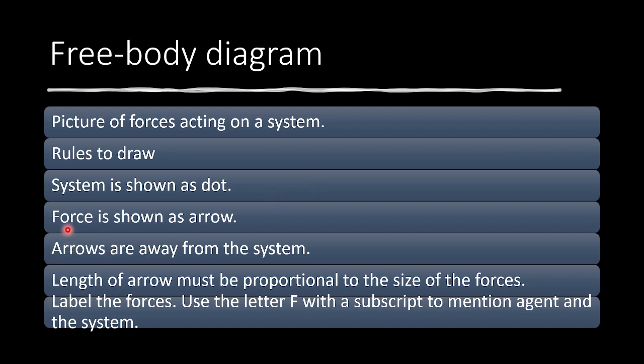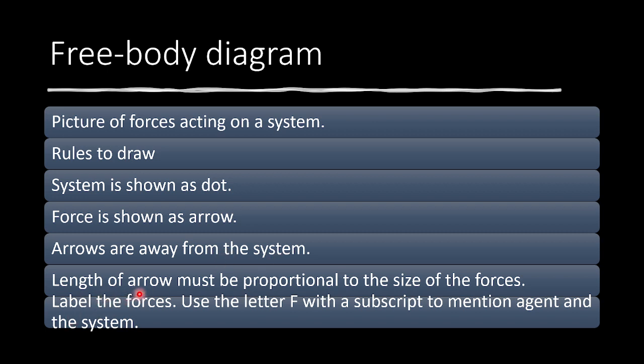Now the next rule is, all forces which are being applied on the system should be shown as arrows. You need to make arrows for the forces. Now the direction of the arrows must be away from the system. Irrespective of whether you are pushing the chair or pulling the chair, the arrow must be away from the chair.